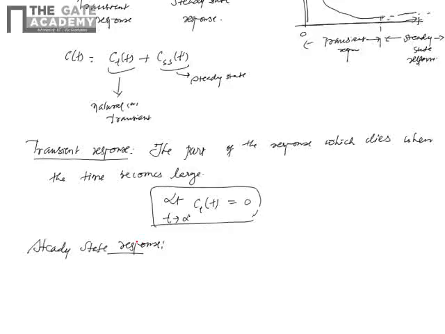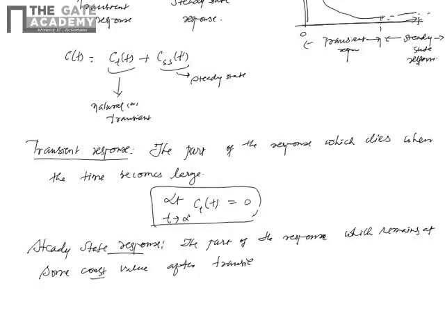It is the part of the response which remains at some constant value after the transient has died out.